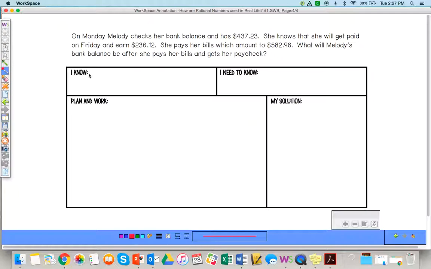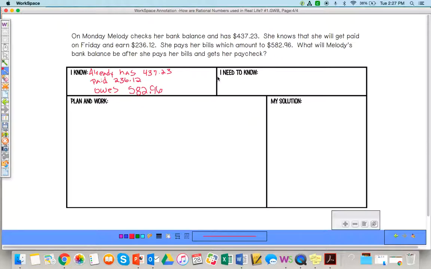Okay, so we know that she already has $437.23. Okay, she's going to get paid $236.12, and then she owes $582.96.